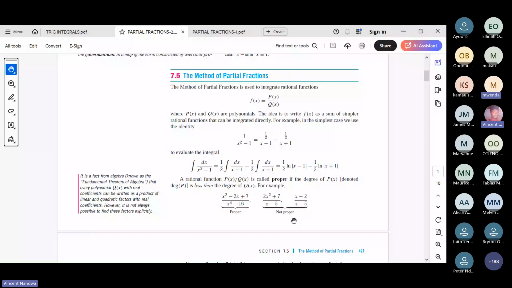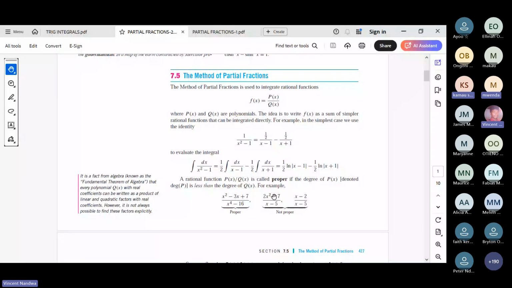So if the numerator is of degree 2 and the denominator is of degree 1, then it goes against the definition of a proper rational function. So 2x squared plus 7 over x minus 5 is an example of an improper rational function because the degree of the numerator is greater than the degree of the denominator.